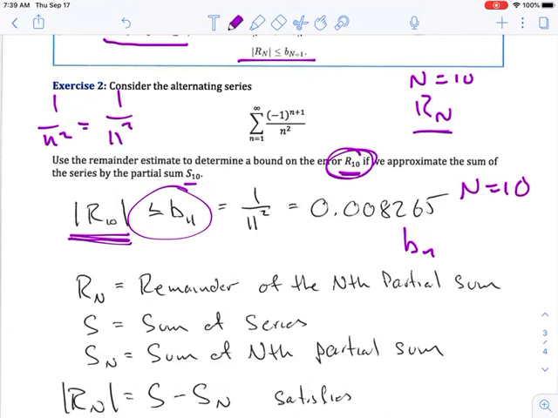Well, 1 over 11 squared is 0.008265. And so what this is telling me is that the absolute value of the remainder of the 10th partial sum is going to be less than this amount. It's an approximation. It's not exact. And so it's a quick and easy way to get an approximate value.